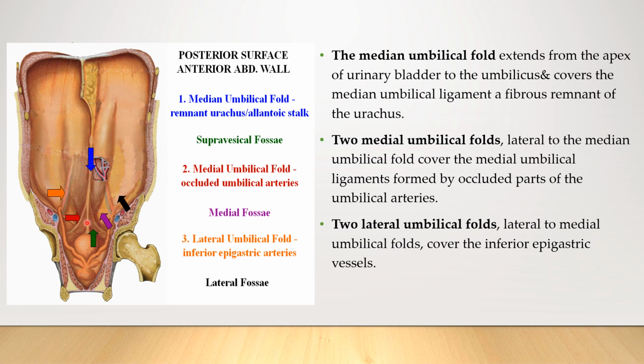Then we have the medial umbilical folds covering the medial umbilical ligaments, which are the occluded parts of the umbilical arteries. And further on laterally we have the lateral umbilical folds on both sides, and those folds contain the inferior epigastric vessels. So 5 folds, and these folds will have fossae in between them, that we will study in the next slide.